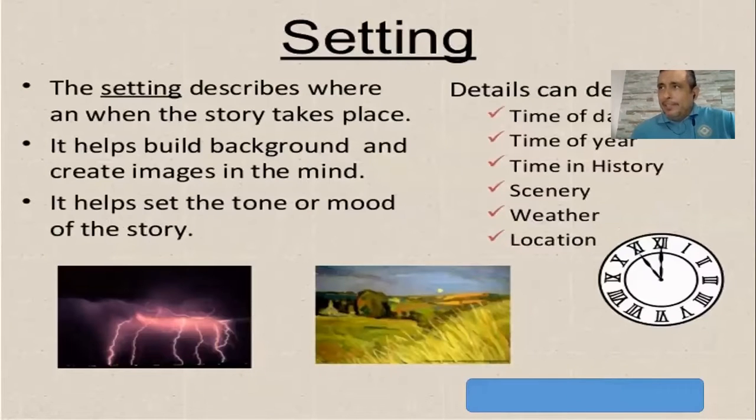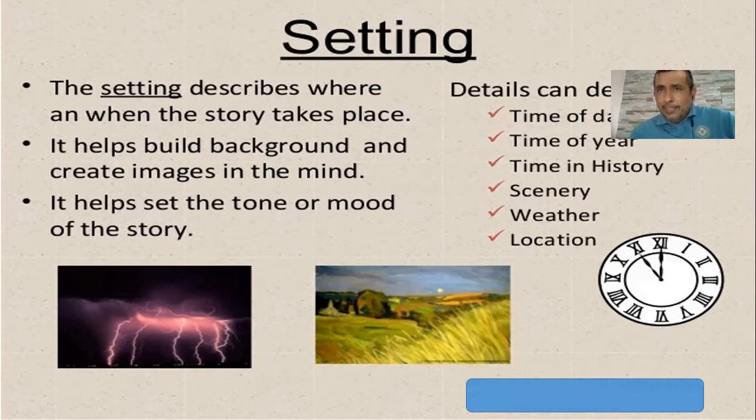The setting, let's see each one of them individually. The setting describes where and when the story takes place. That's what I explained before in the previous slide. It also helps us to build background and create images in the mind, to picture in your mind any content that the author reveals in the story.